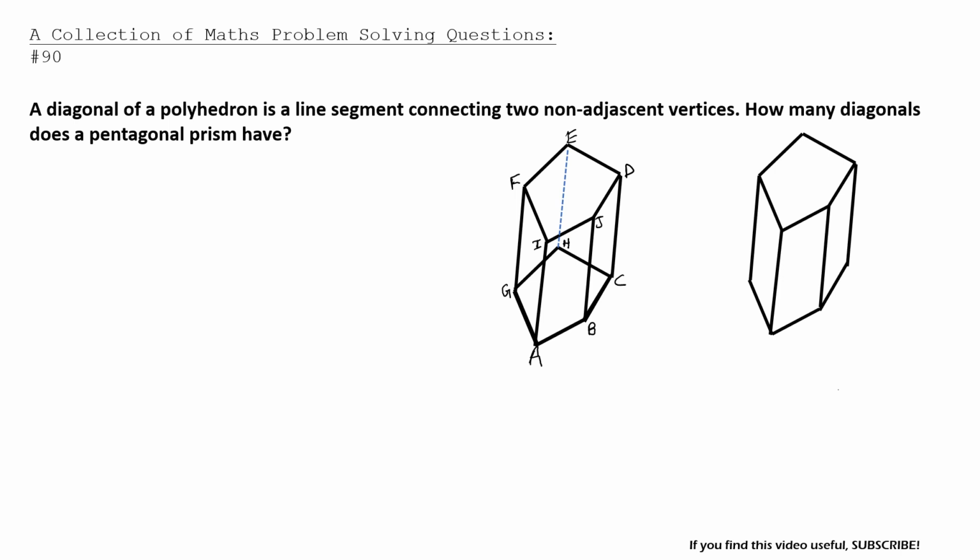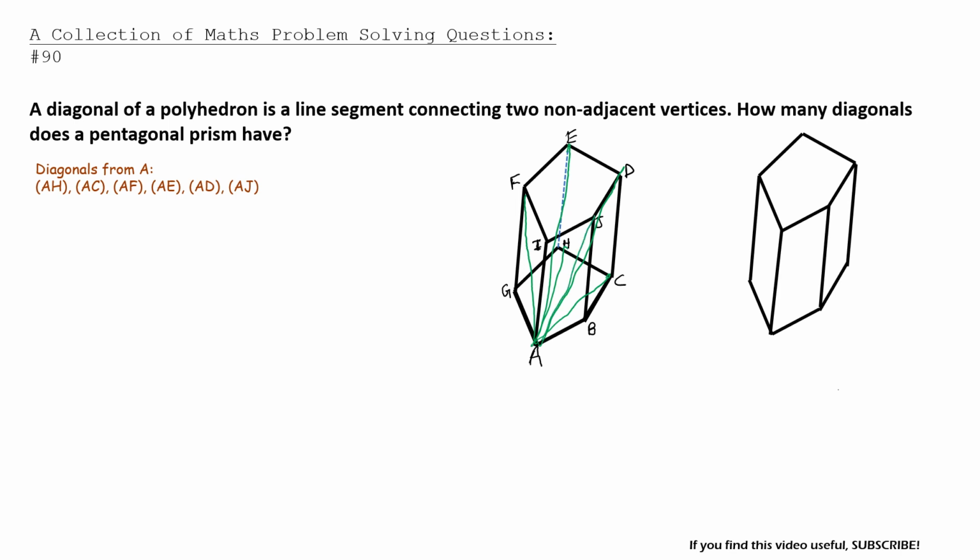So if you start from one of the points, I started from A, the diagonals from A would be AH, AC, AF, AE, AD and AJ.